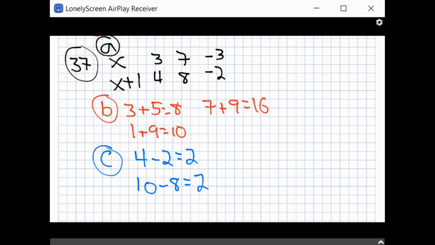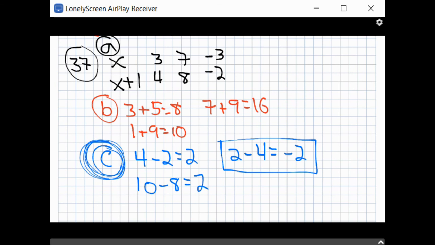How about 2 minus 4? That's negative 2. Those numbers are both even, and yet the answer is not positive. So I can subtract these two, and if I subtract the bigger one from the smaller one, I can get a non-positive number. So that is my counterexample. Looks like C is the false one.